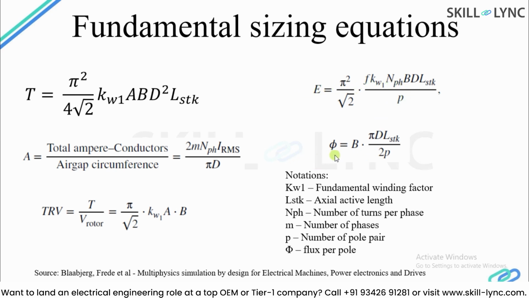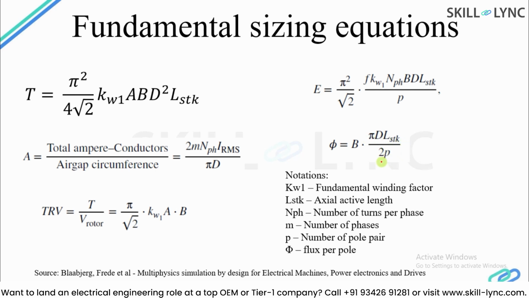Here the flux equation is B times area. Flux is represented as flux per pole, and it is multiplied with area, where we can write the equation for B as phi divided by A, and this area is basically pi D L divided by number of poles.